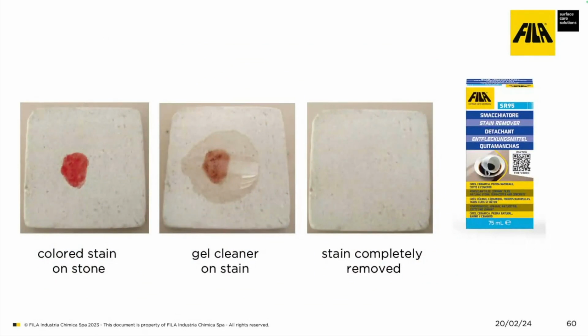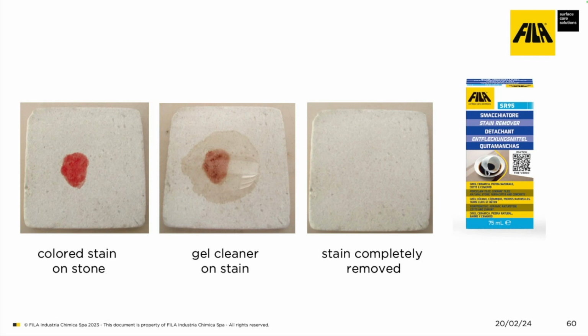Now, this one here is also something interesting, and this is basically for colored, or organic, stains on natural stones. If you have a matte finish limestone or matte finish travertine, and you have a red wine stain, like in this case, it's basically a gel. You want to cover the stain and leave it there for 10-15 minutes.